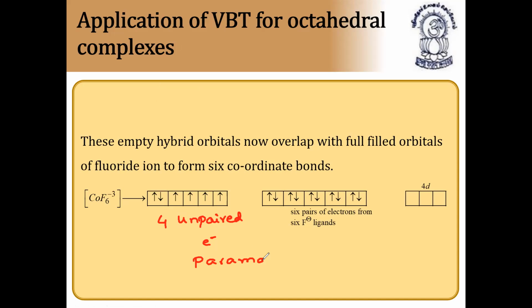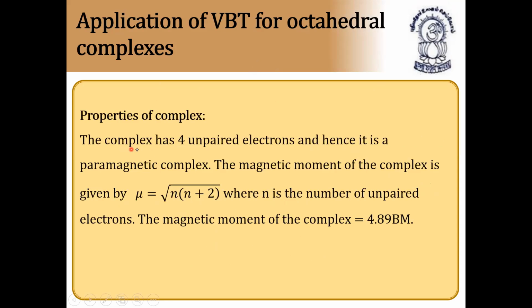Paramagnetic in nature. We can easily calculate the magnetic moment by using the formula mu is equal to root of n into n plus 2. As it has unpaired electrons, it is a paramagnetic complex. It will exhibit color also.